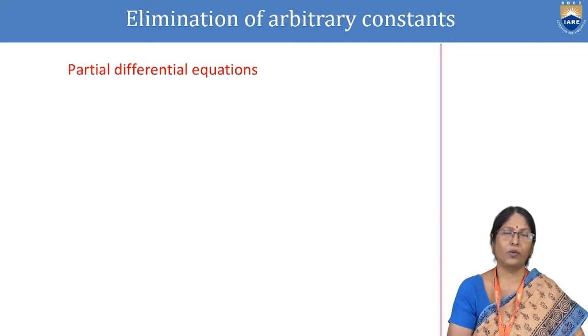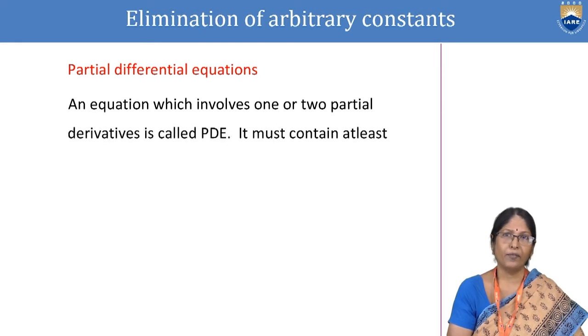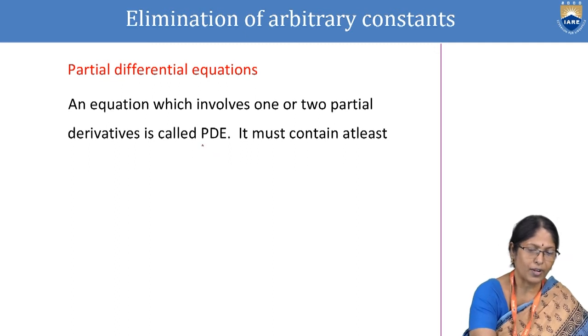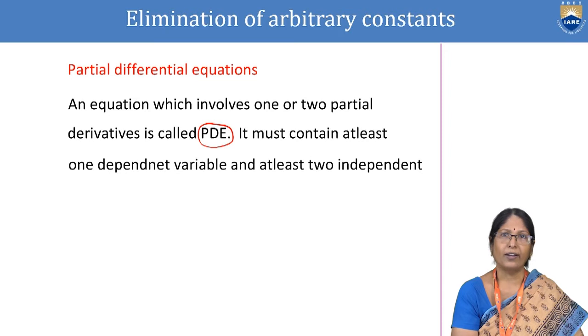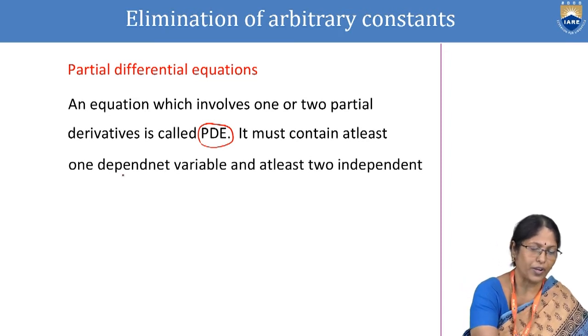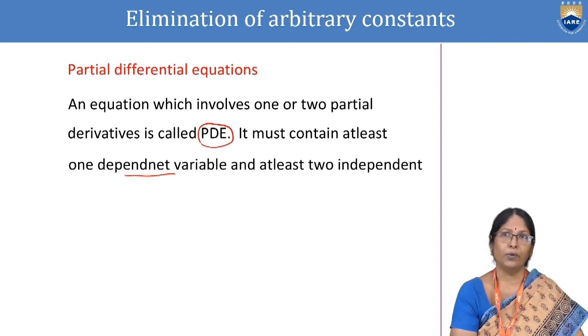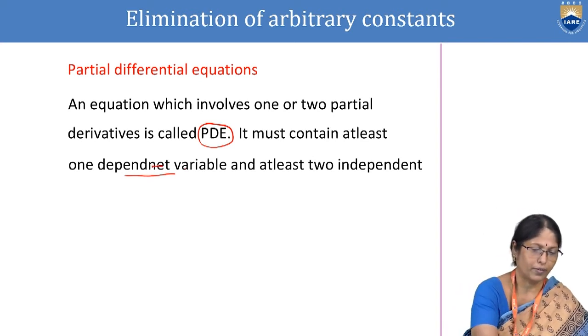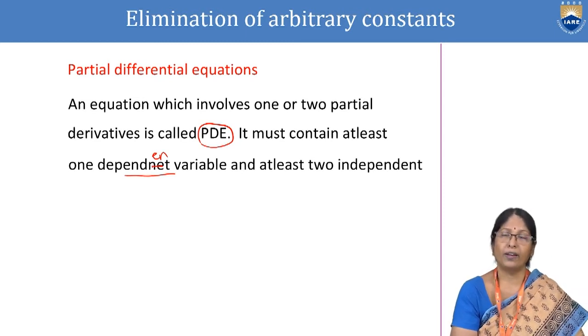Partial differential equations. An equation which involves one or more partial derivatives is called a PDE, that is, a partial differential equation. It must contain one dependent variable and at least two independent variables.